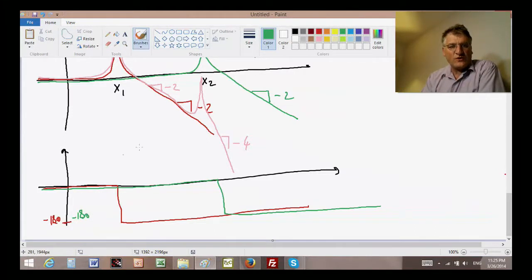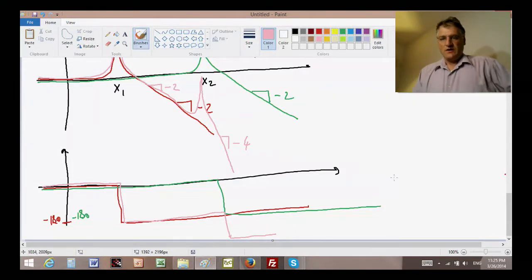And so what we should see is the sum of the two effects, which is first an abrupt drop of minus 180 degrees, and then another big drop to another minus 180 degrees, resulting in a total drop of 360 degrees.